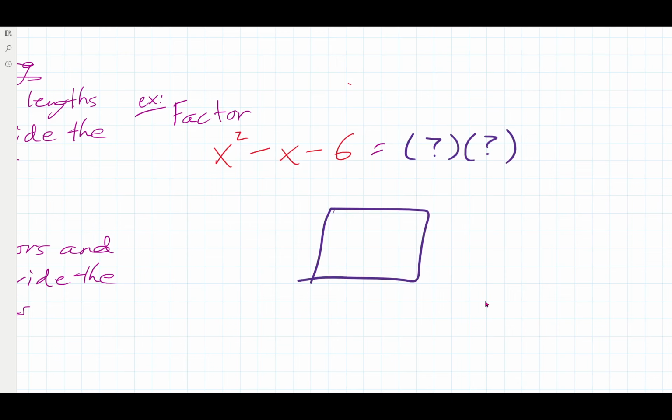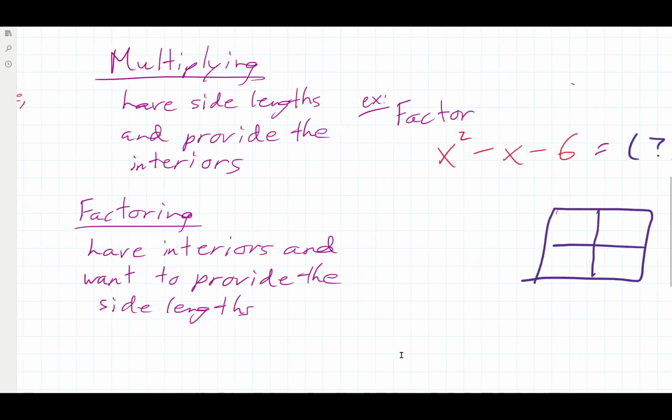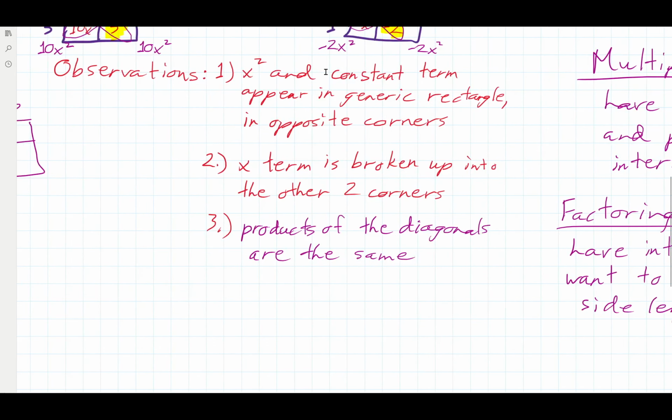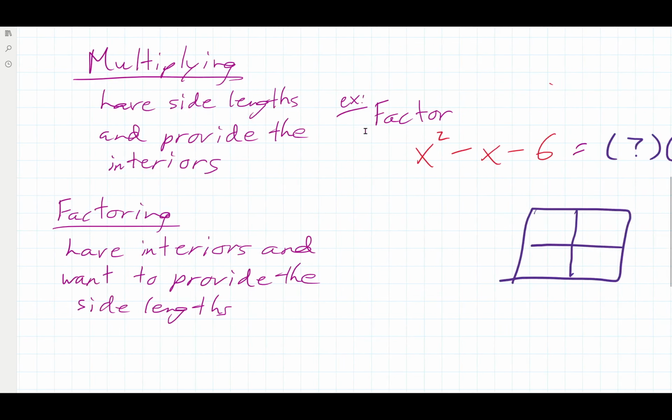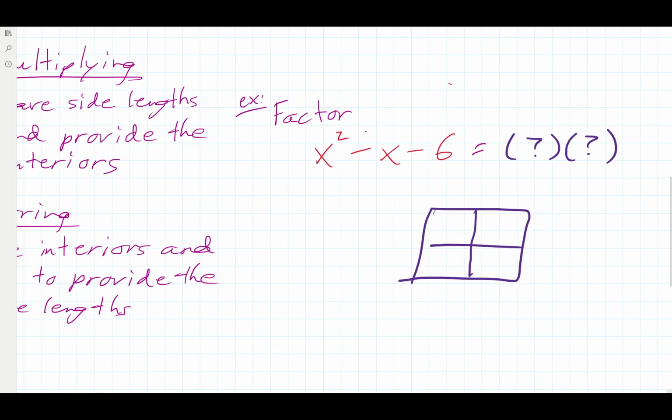And what do I already know? Well, just like we've been noticing, our first observation is that I already know my x squared and my constant term are going to appear in opposite corners. I usually go top left and bottom right, but it actually doesn't matter. So x squared here and negative 6 in here.